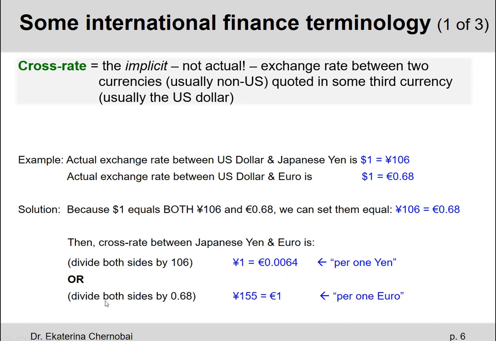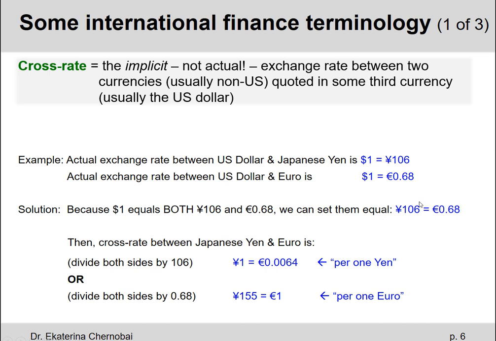For that, we again go back to the little equation that we had, 106 yen equals 0.68 of a euro, and instead divide both sides of it by 0.68. Because what we want this time is 1 euro. So to get rid of 0.68 and have only 1, we need to divide by 0.68.